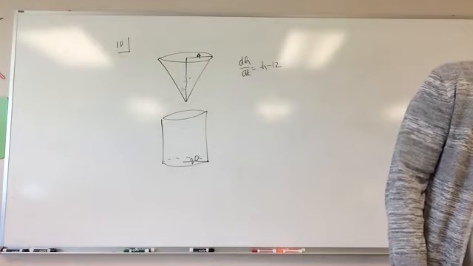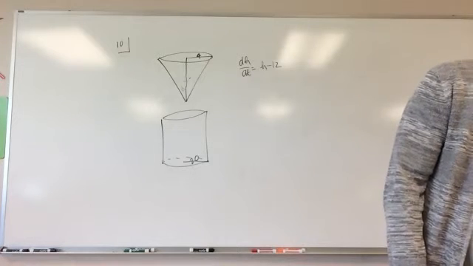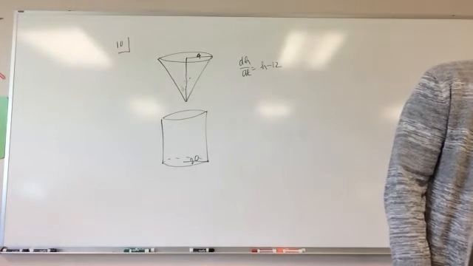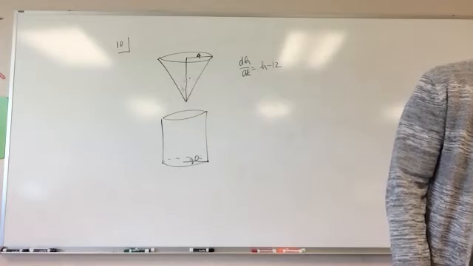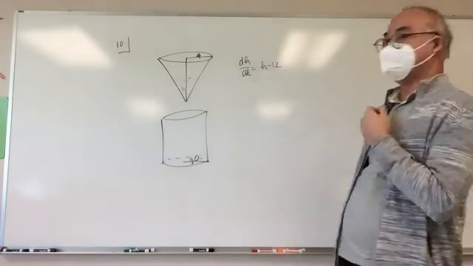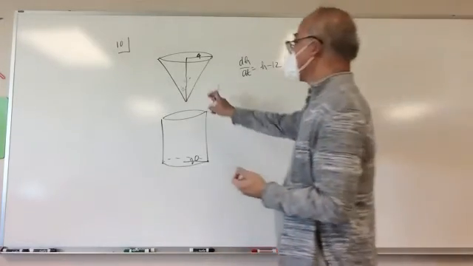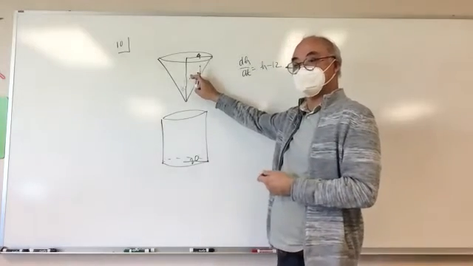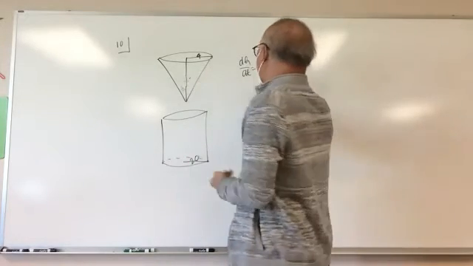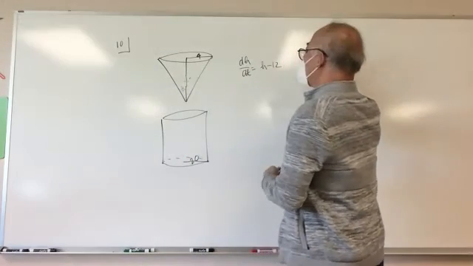A. How much water does the inverted cone hold when it's full? That's easy. That's nothing more than the volume of this, right? So we can do that. A, that's the volume of the cone, right?